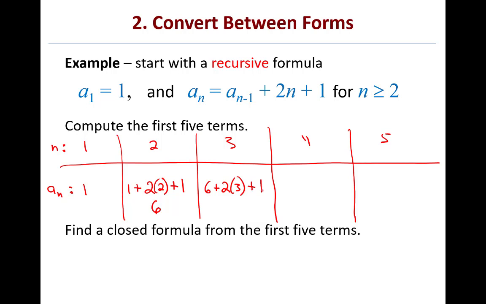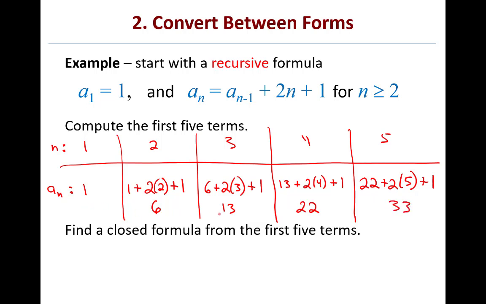So 6 plus 6 plus 1 is 13. All right, a sub 4, I start off with the previous term, plus twice the index, plus 1. 13 plus 8 is 21, plus 1 is 22. And one more time, the previous term, plus twice the index, plus 1. That looks like 22 plus 11, which is 33.